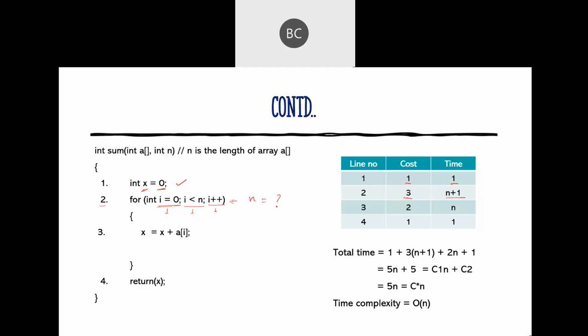Why n plus 1 times? Can anyone guess why it is n plus 1? So you can just check the floor.